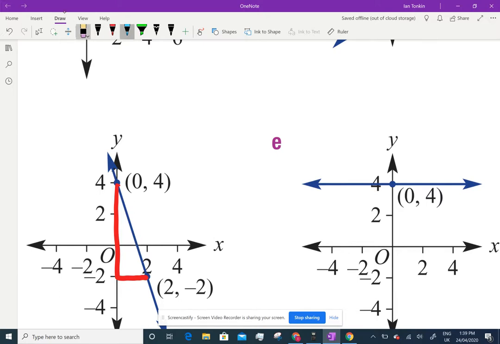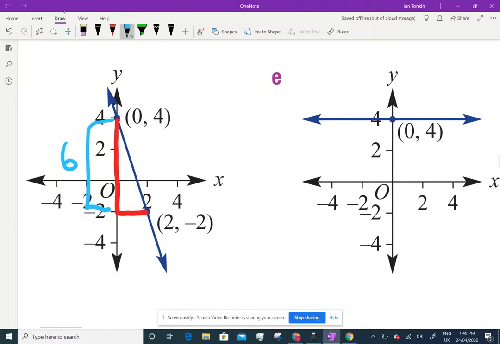Righto. So how far is this distance? Well, it goes from -2 up to 4, so that's 6. And this distance is 2. So the gradient is 6 over 2. But hold on, it's going down.